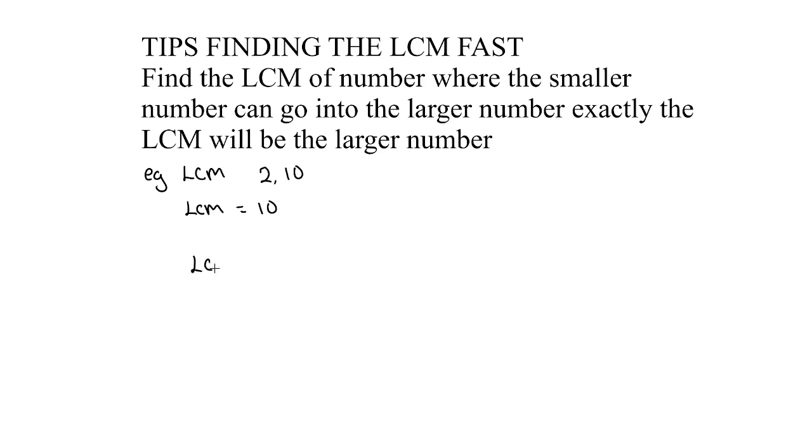If I have to find the LCM of 7 and 21, 7 could go into 21, yes. So because 7 could go into 21, my LCM is going to be the larger number, which is 21. Right, let's say 2 and 8. LCM of 2 and 8, because 2 could go into 8, my LCM is going to be 8. Right, and that is how you can find your LCM of numbers where the smaller number could go into the larger number exactly.